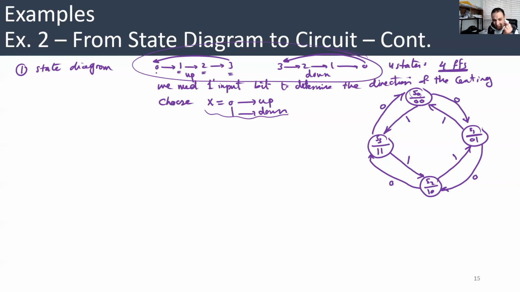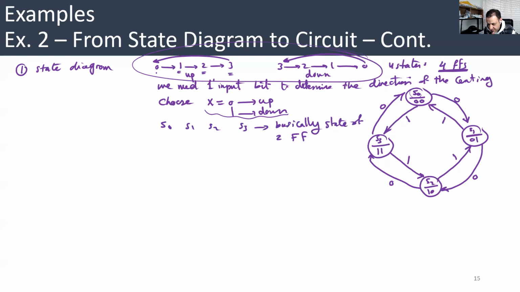Okay, just a single requirement that we didn't do yet. We said that S0, S1, S2, S3 are basically the state of two flip-flops, D flip-flops, because it's a requirement here to use D flip-flops.